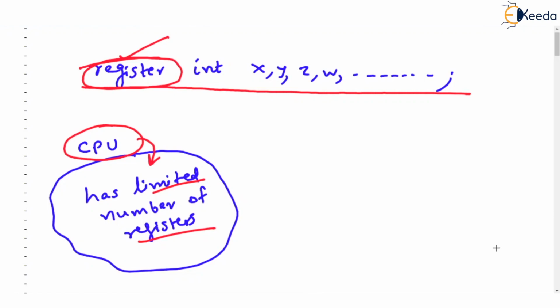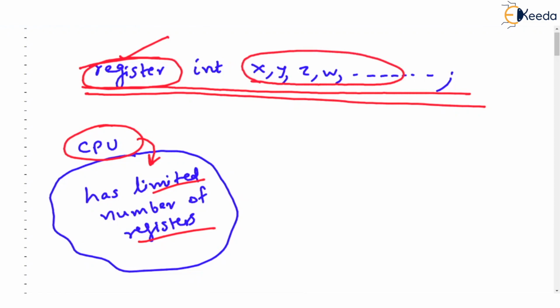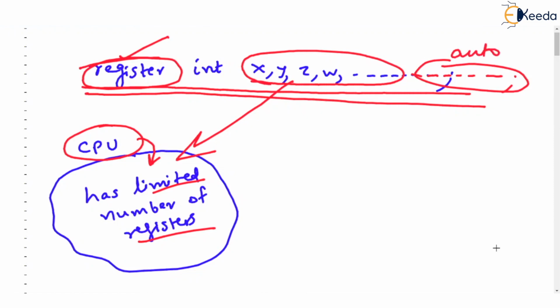And suppose you get carried away thinking that let me make my program very fast by declaring all the variables as registers, then the point is that C language will not give any error. What it will do is it will store only those variables which can fit in the CPU registers. But the rest of the variables which you have intended to become register variables will automatically become auto variables.